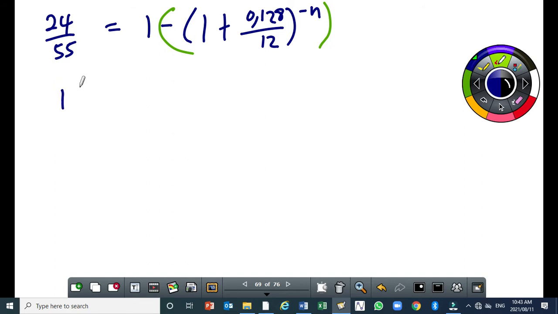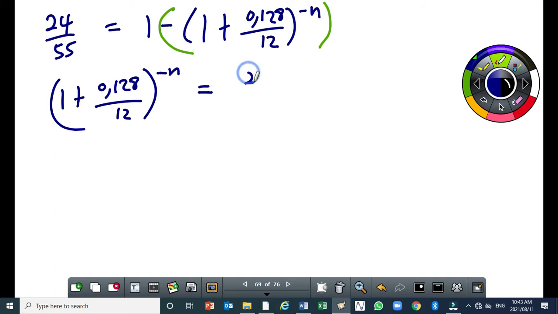So you end up having 1 plus 0.128 over 12, all raised to the power of minus n equal to, then you take this 24 over 55 to the right, you subtract it from 1, you get 31 over 55. Now we have an exponential equation.